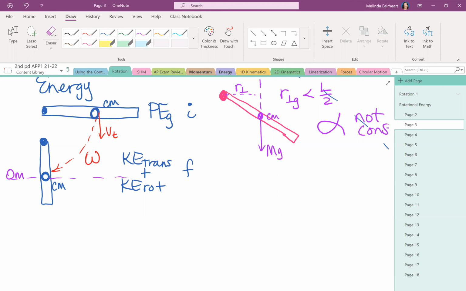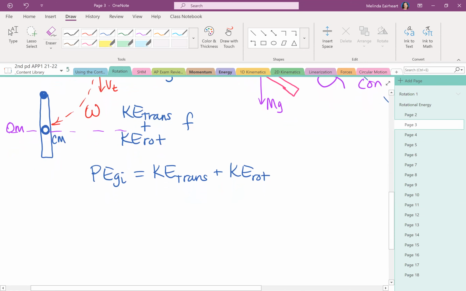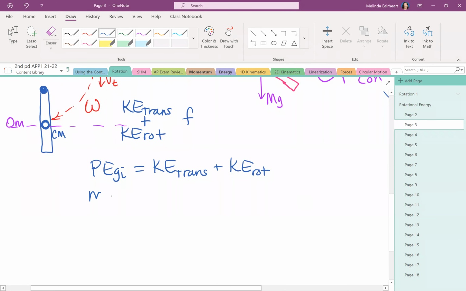Okay, so what would our energy statement read? And so we would have potential energy initially. It's going to convert into our kinetics. And we'll spend some time with that. And so mgh equals 1/2 mv squared plus 1/2 I omega squared.